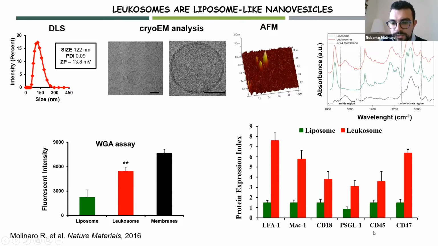In addition, we could identify CD45 and CD47, which are recognized as self-tolerance and do not eat me signals.